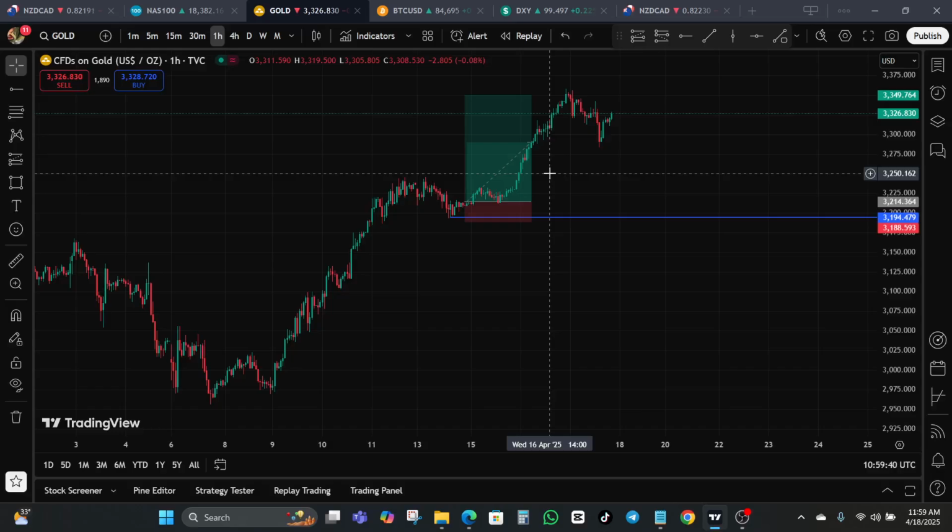But ensure that you do not risk more than you can afford to lose. Do not trade with an amount you cannot afford to lose, and do not risk more than 1 to 2% of your account balance in a single trade. Also, pay attention to your risk to reward ratios. Do not forget about that. It's a very, very important concept when you are trading for the purpose of risk management.